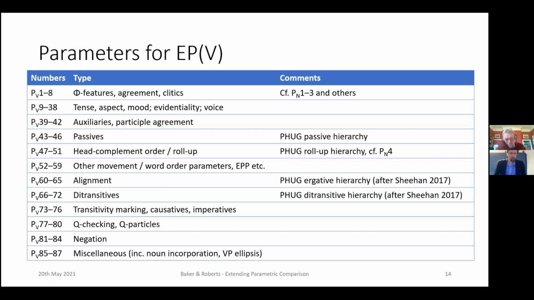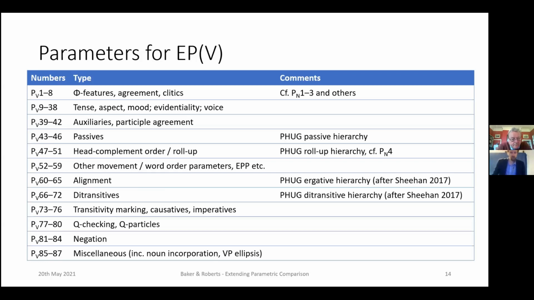Our head complement order parameters, which, as well as paralleling the ordering parameter in the nominal, are also related to the parameter hierarchy for roll-up proposed by Ian. Various miscellaneous parameters to do with movement and word order, things like WH movement, also EPP related phenomena.